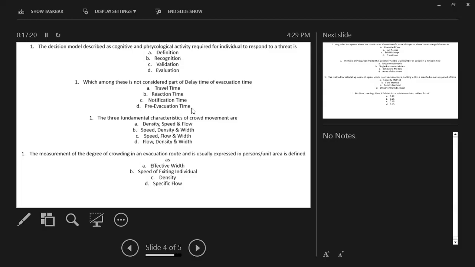And we write that density is persons per square meter, right? How many persons in how many square meters are being occupied, and from there we calculated the density, and then we calculated the flow, right? So persons per unit area is defined as density, right?